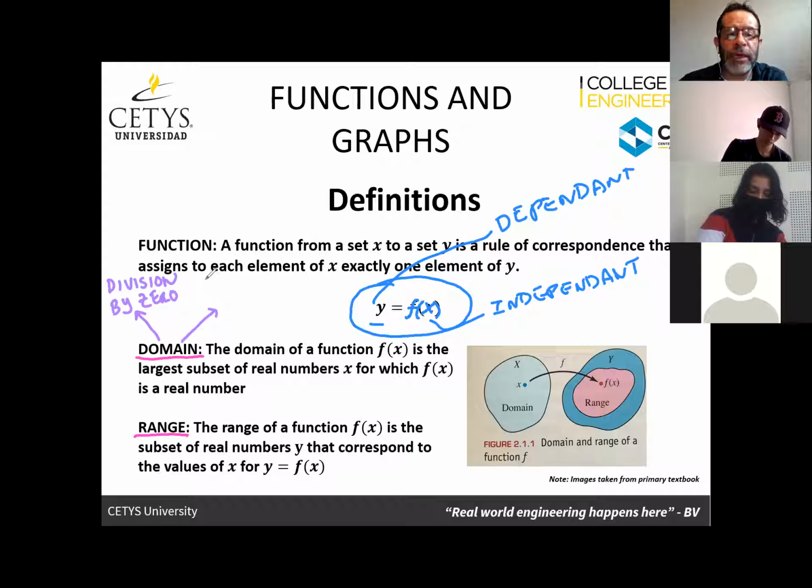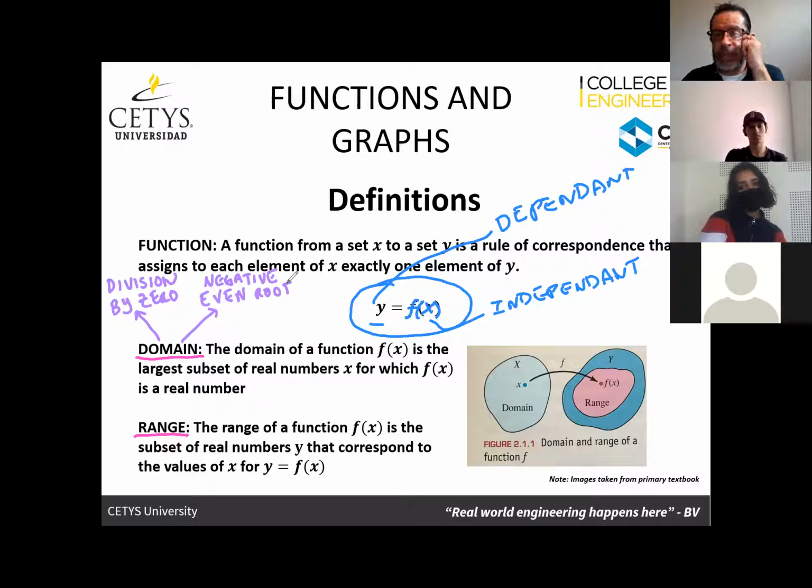And the other is any values that create a negative even root. So for example, any value of X that generates a negative value within a root that is even, meaning a square root, a root to the 4, root to the 6, etc., those are excluded as well.